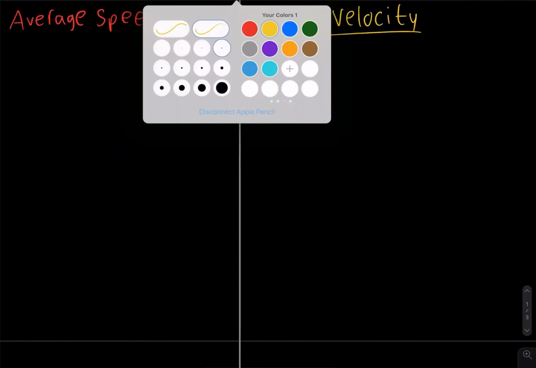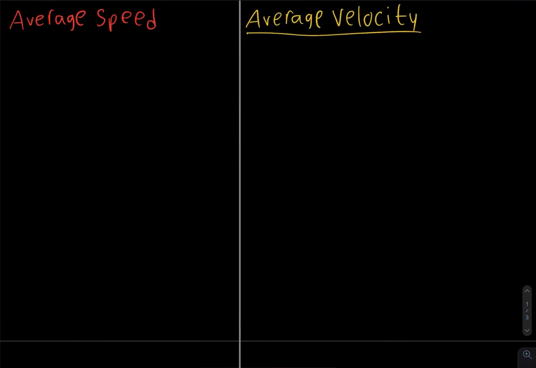So we're just going to work through another example and define these terms before that so we can get an idea of what these mean. So in physics, when we have an average quantity, what we usually denote that by is a bar. So I've got S here for speed and a bar, so just average speed. And that's going to be our scalar distance that we defined in the last video divided by the change in time. And remember that delta there just means change in.